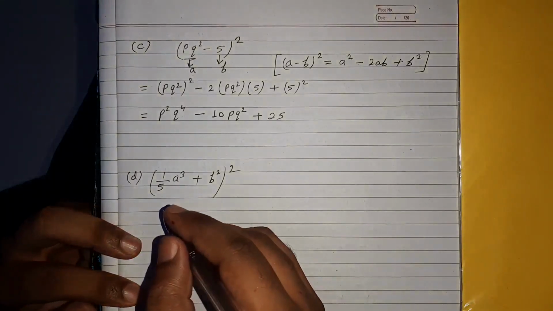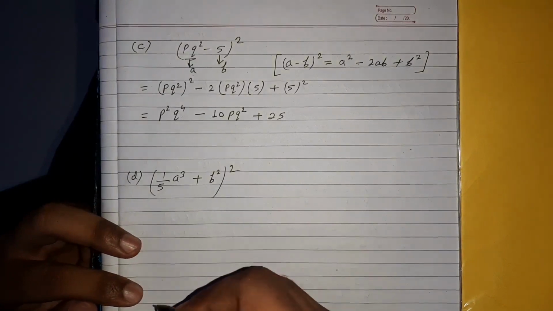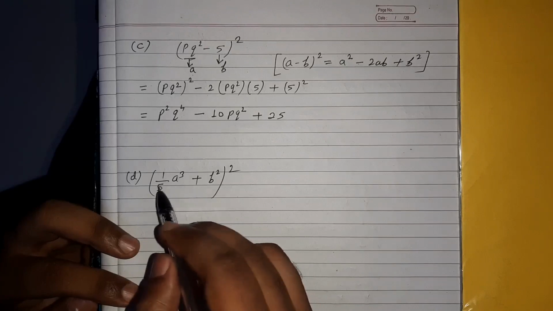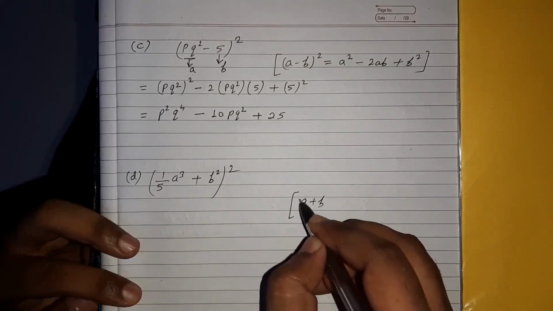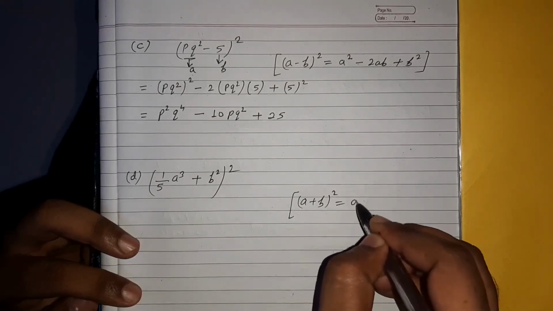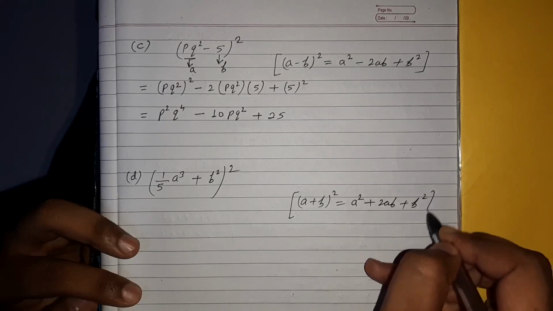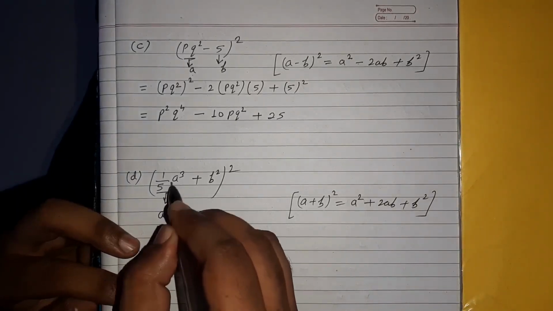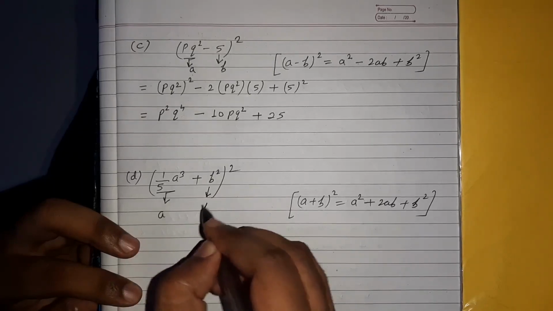The next part is (1 by 5 a cube plus b square) whole square. Now you can see the plus sign is there between two terms, so we will use (a plus b) whole square, which is equal to a square plus 2ab plus b square. Here the value of a is 1 by 5 a cube, and the value of b is b square.